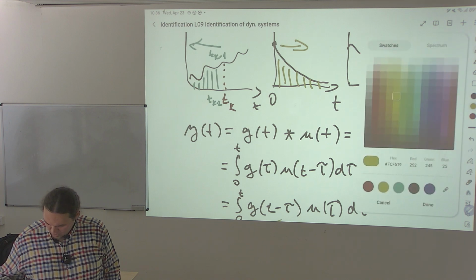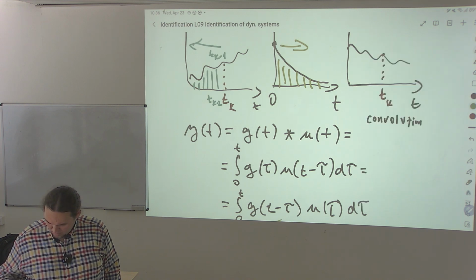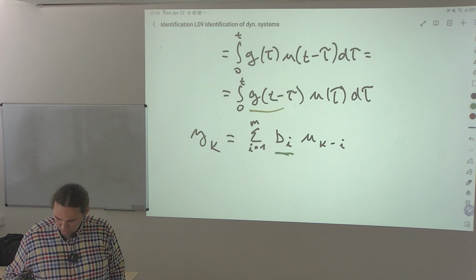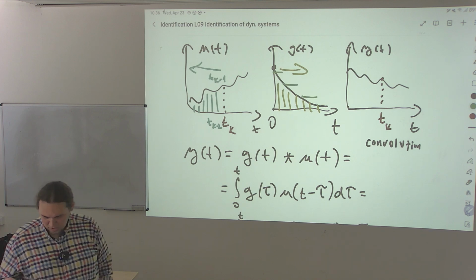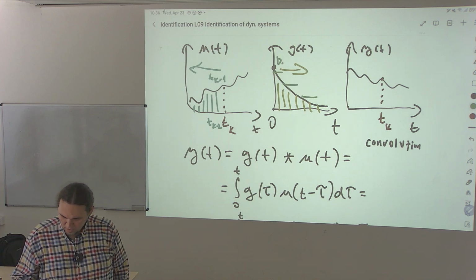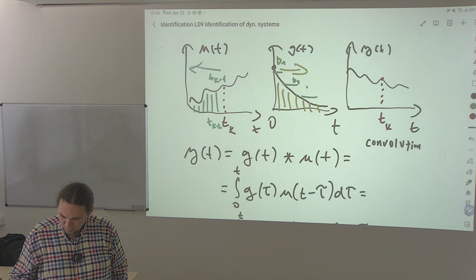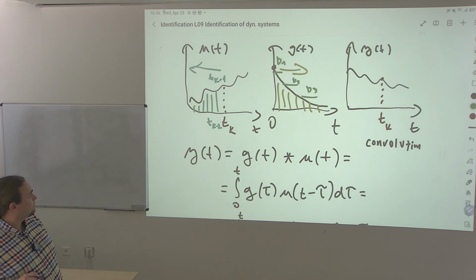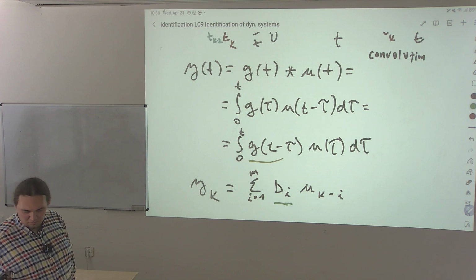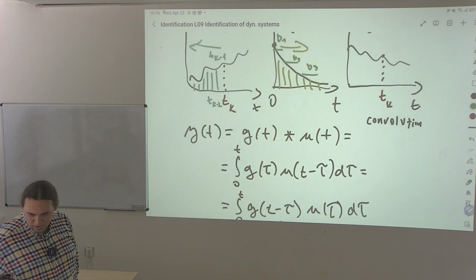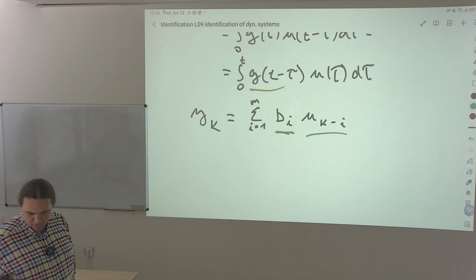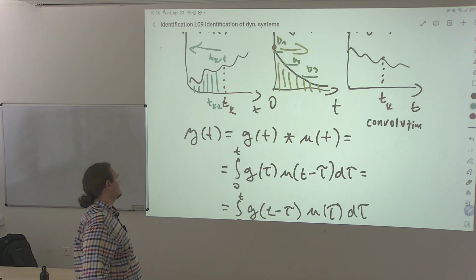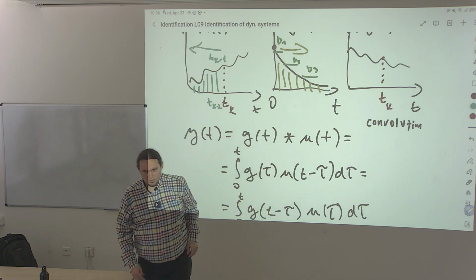If we just sample this function at discrete points, that would be our b1, b2, b3 coefficients, and we are just taking our past values of the inputs.